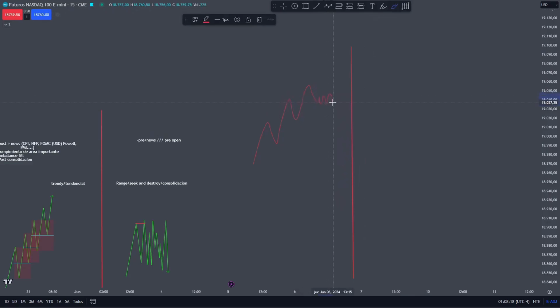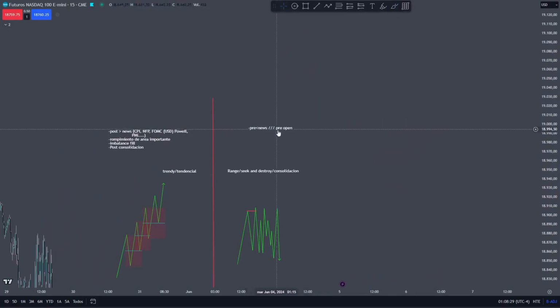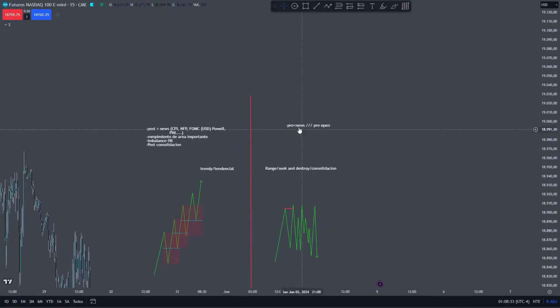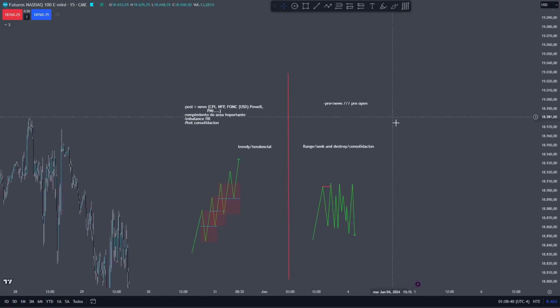And suddenly the market starts to calm down until the opening arrives. And then it just shoots up. But this also usually happens before news, before an important opening, because there is uncertainty. Everyone is waiting for something to happen, where there will be volatility to start their positioning.